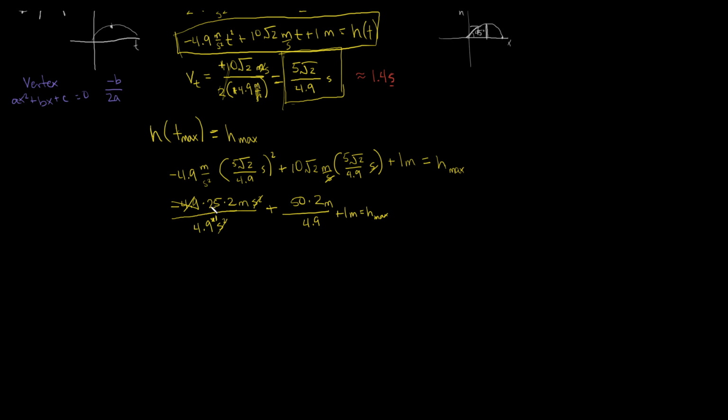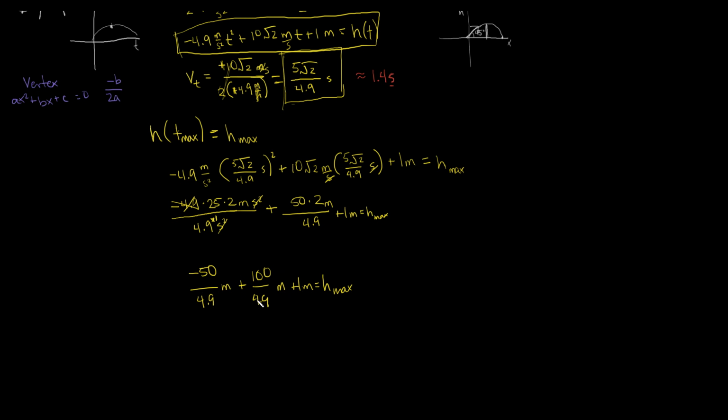Okay, so 25 times 2 is 50, and we have a common denominator of 4.9. This is negative 50, right? We still have the negative sign from this 4.9. Negative 50 divided by 4.9 meters, plus 100 divided by 4.9 meters, this is 50 times 2, plus 1 meter equals h max.